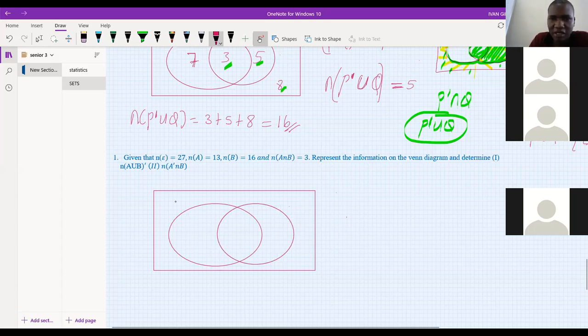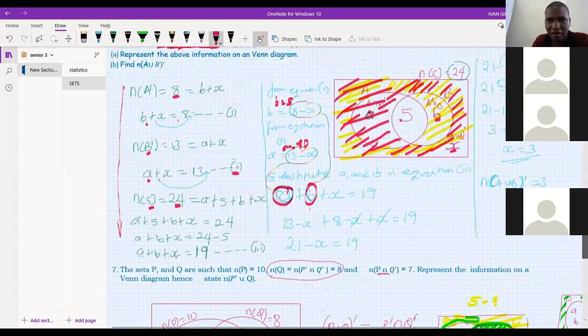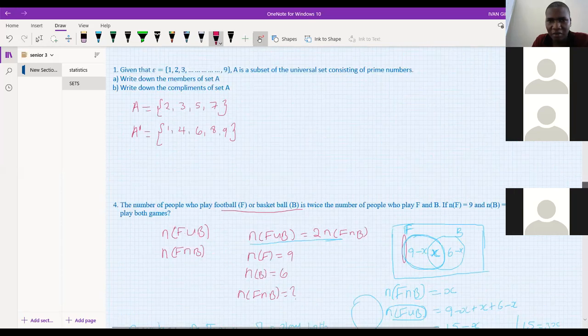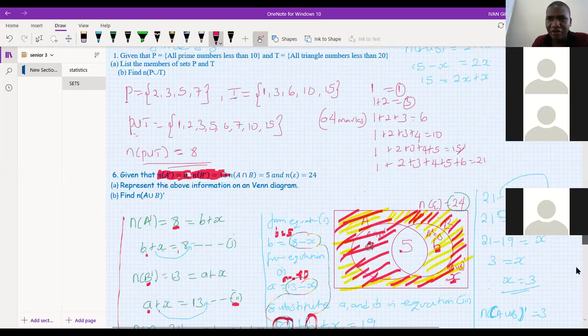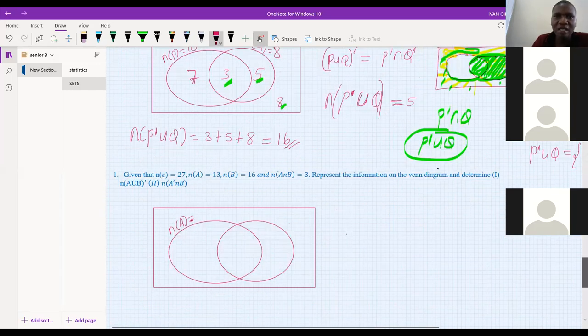Now, they are talking about set A, the number of elements in set A. It's always good to summarize this information. You're lucky that all the questions you're looking at here are being summarized. They're not giving you questions in words, except maybe number 4. But when you're dealing with three sets, most of these questions will be in words.